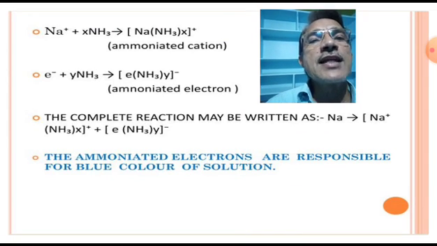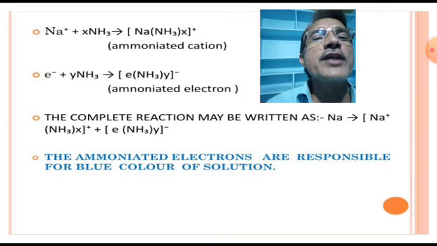The electron released from the Na atom combines with y number of ammonia molecules forming an ammoniated electron. The complete reaction may be written as Na gives rise to Na(NH3)x+, the ammoniated cation, plus the ammoniated electron.